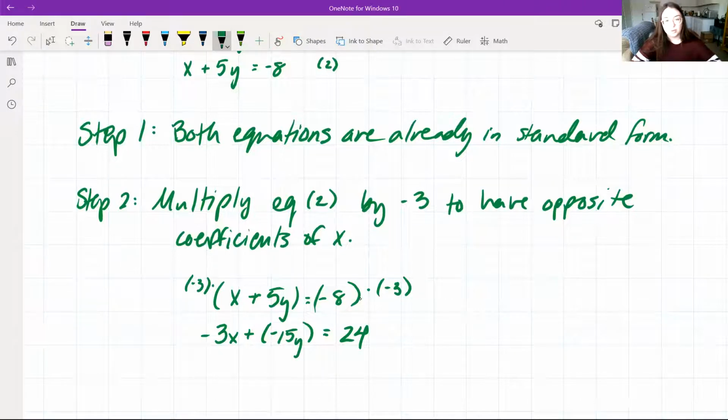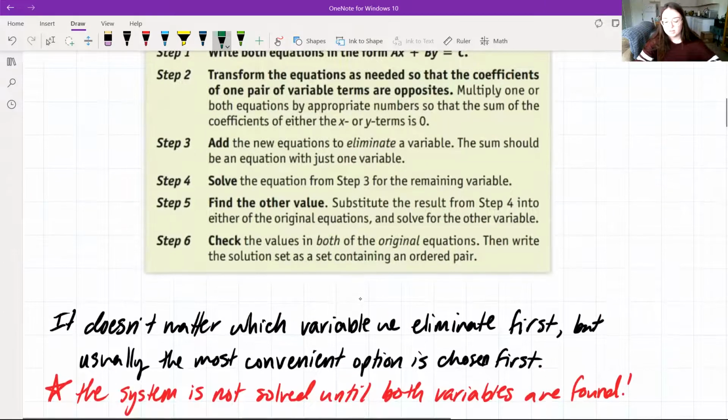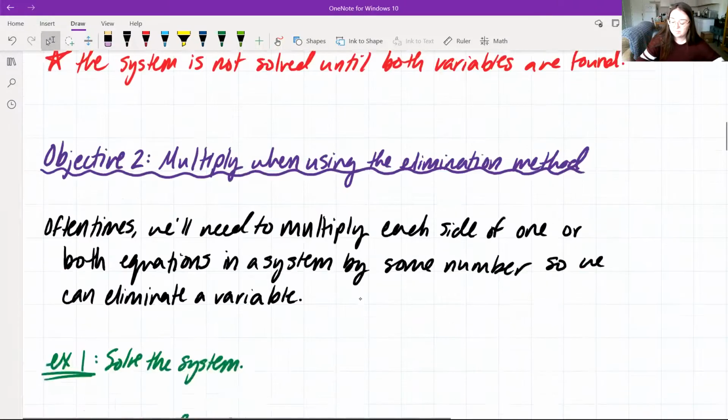So this is our new equation, and we can call this equation 3. And now we're going to be comparing equation 1 and equation 3. So we've transformed our second equation, and now we need to add them for step 3.